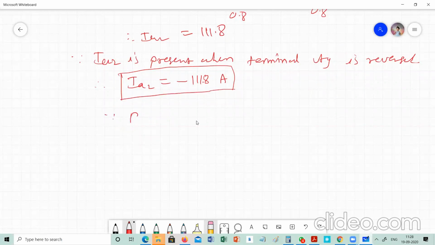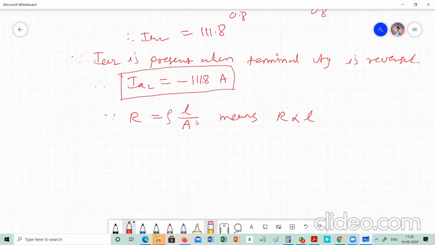Since R is equal to rho L by A, we are just changing the length, not the cross-section area or its resistivity. Resistivity will change when the material is changed. We are not changing the material, we are just changing the length. Means what? R is proportional to L.